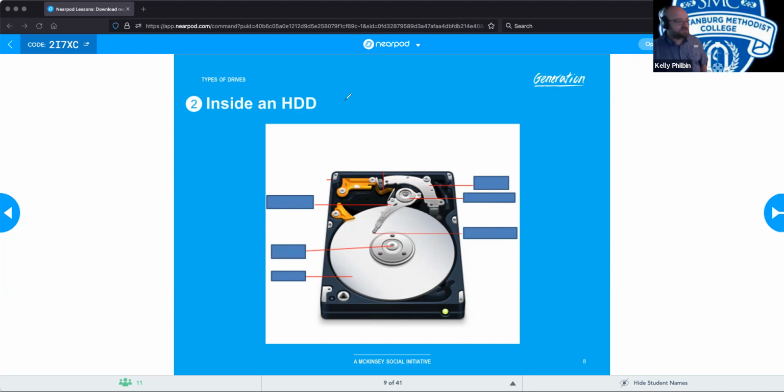Any questions with regards to the anatomy of a hard drive? I would take note of that. It is likely you will see it again.